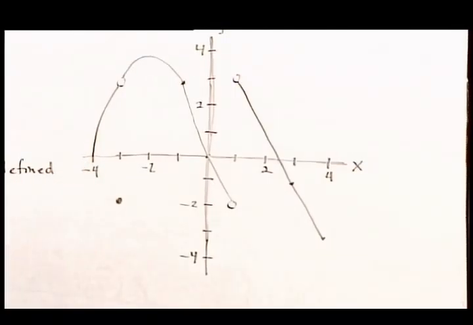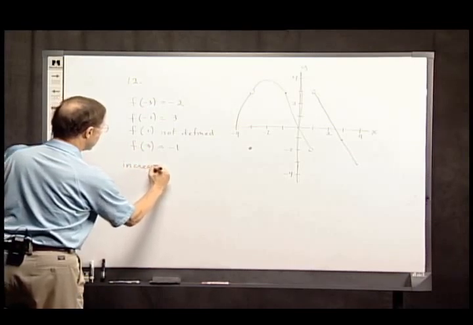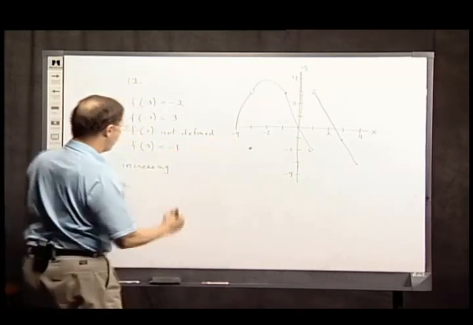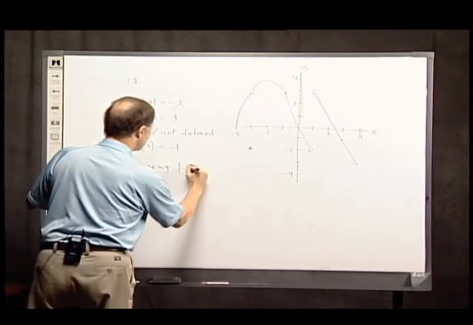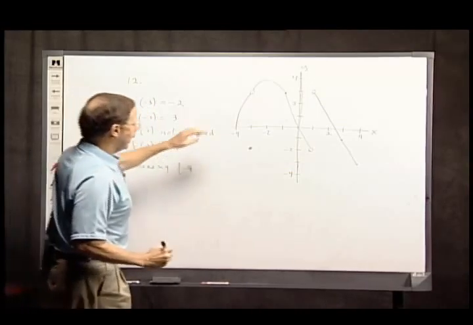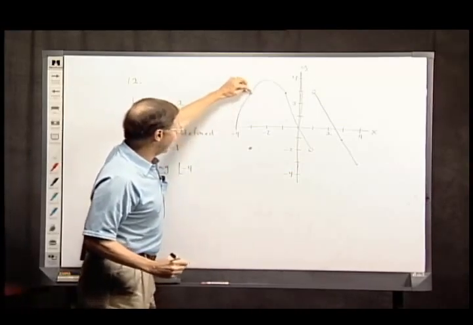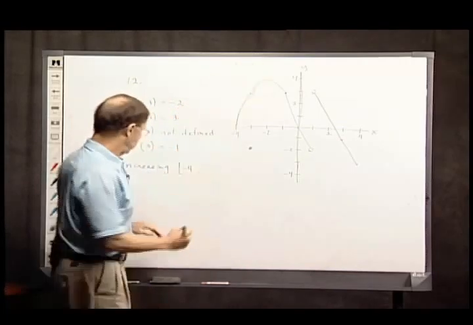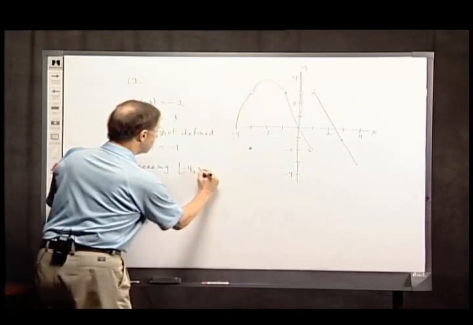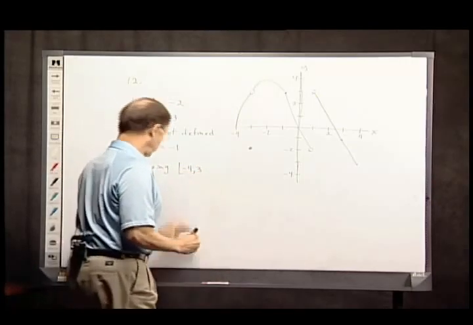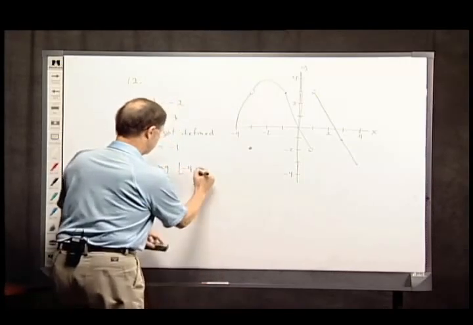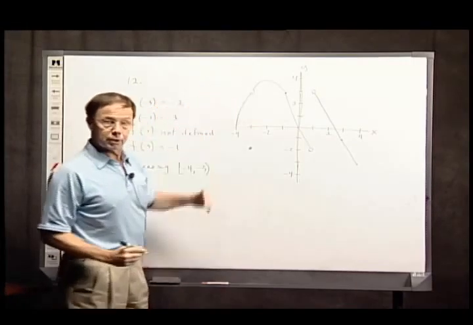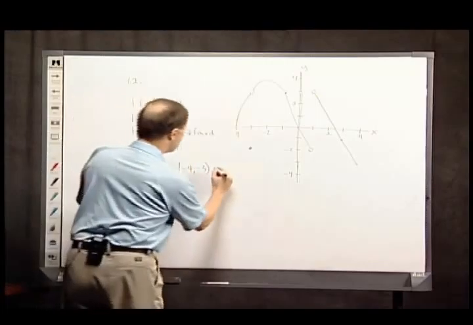So I'm going to say that the function is increasing starting at -4. And I can't include -3 because I'm not going up at that point. But after -3, I continue going up.